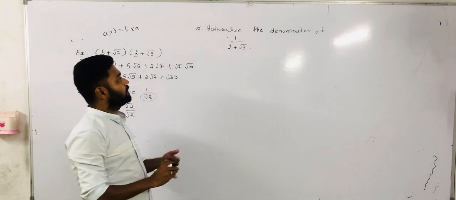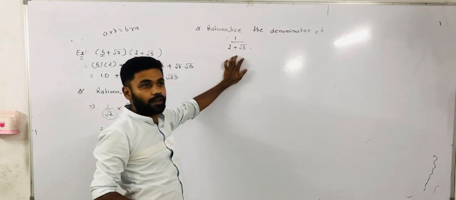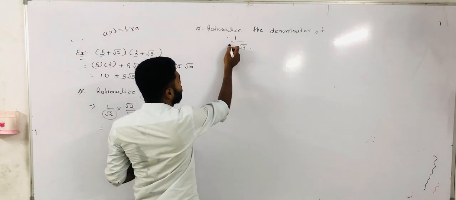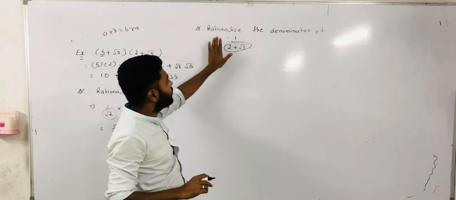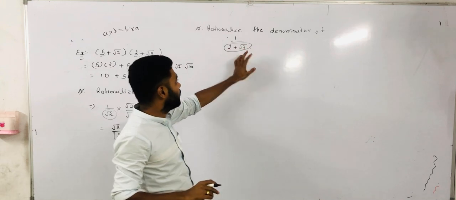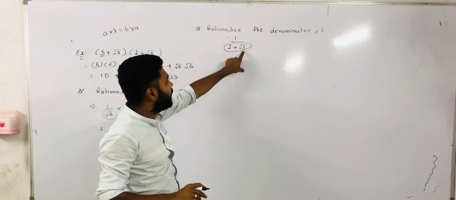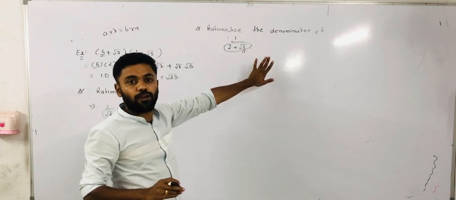Now we want to rationalize the denominator of 1 upon 2 plus root 3. The denominator is 2 plus root 3. Rationalize means that an irrational number should not remain in the denominator. So here the irrational number is root 3. We have to remove the root 3.